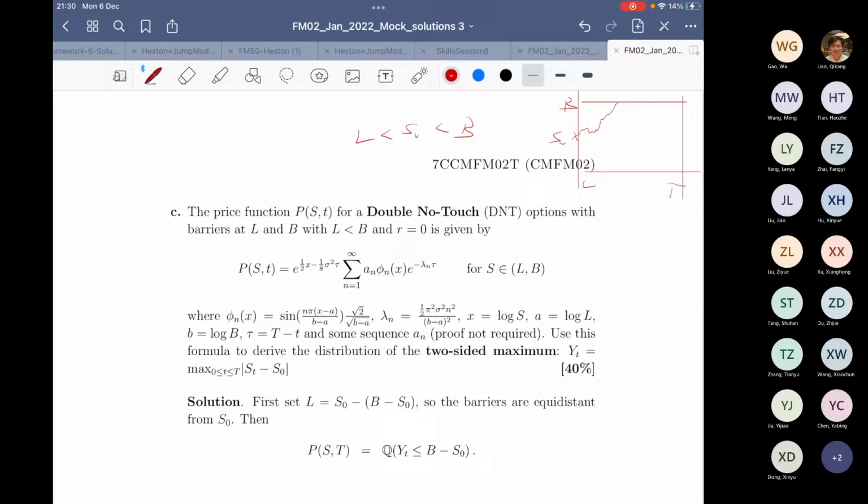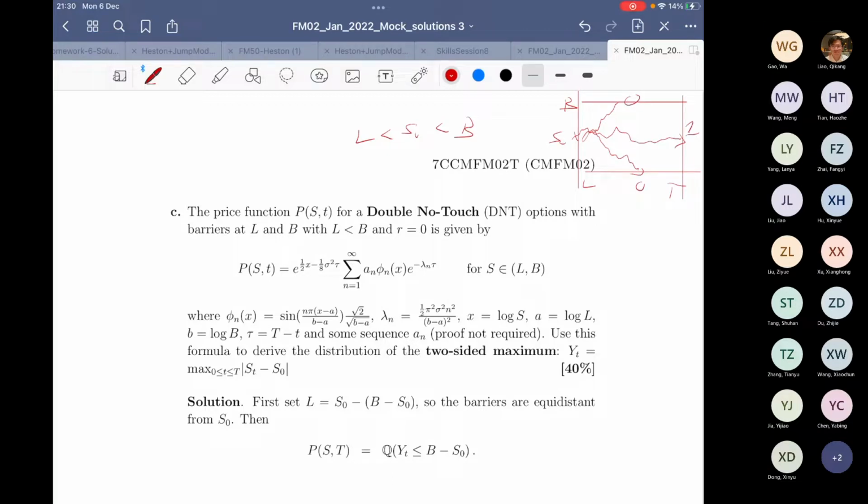If either of those happens, the option knocks out. But if that doesn't happen, then you get your $1. So $1, and 0 in those two scenarios.